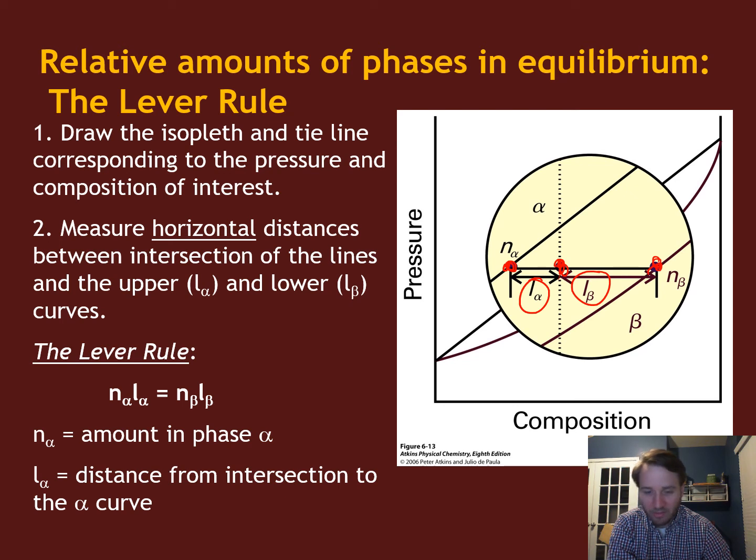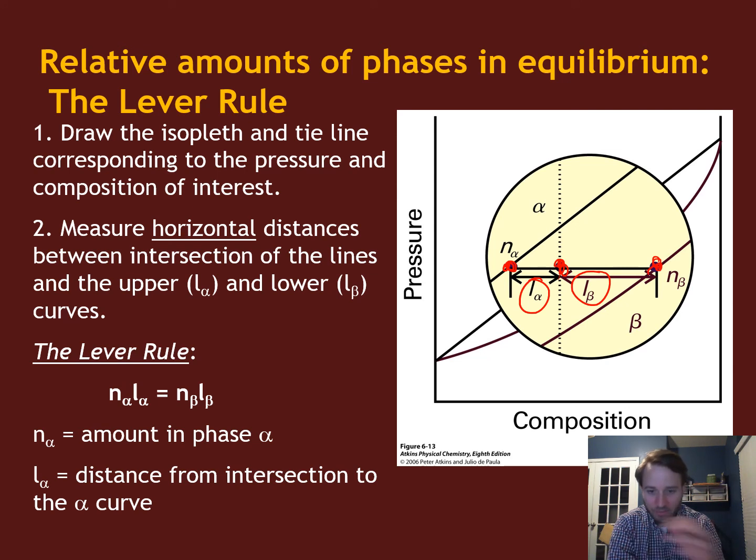So if the total composition of your system is like 0.7, and alpha is 0.6, and beta is 0.9 or something like that, then it would be like 0.1 and 0.2. So again, it's a difference in the compositions of the total composition, the vapor composition, and the liquid composition.